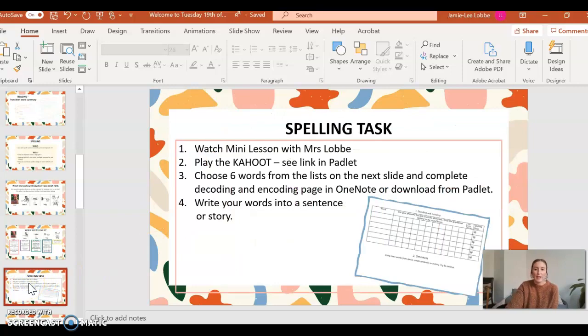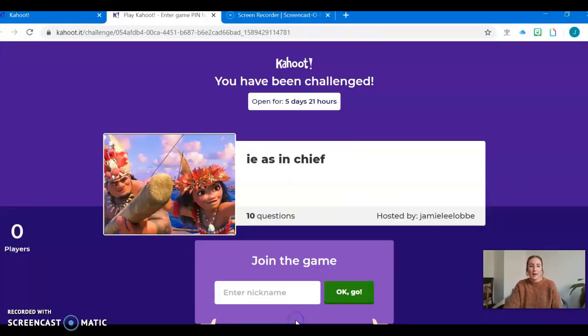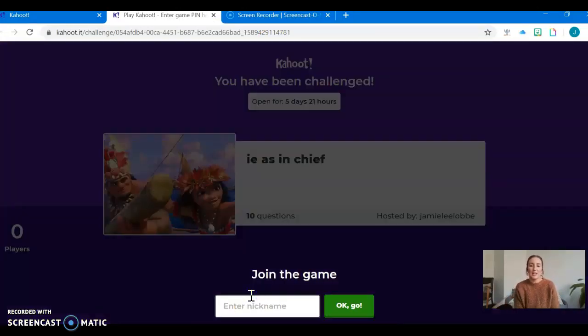So we're going to practice some of the spelling for these words. You are going to play a Kahoot today. So in your Padlet, you'll open up the Kahoot. Now it says to join the game, you need to enter a nickname. Please enter your full name. Yes, you can use an emoji, but you must have your full name.